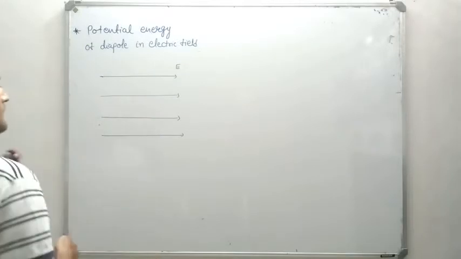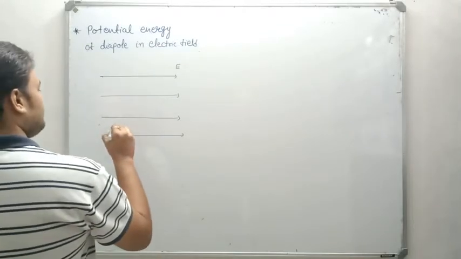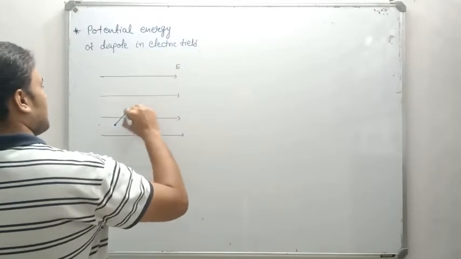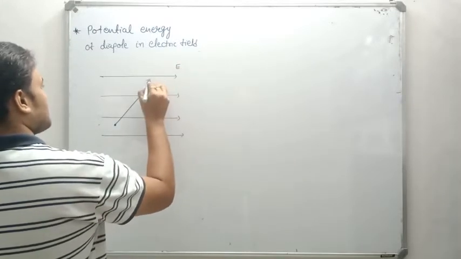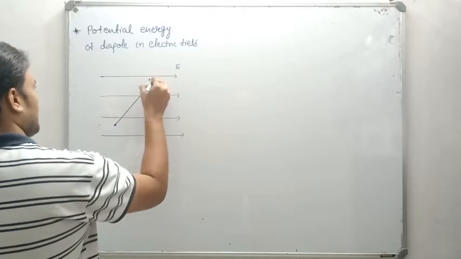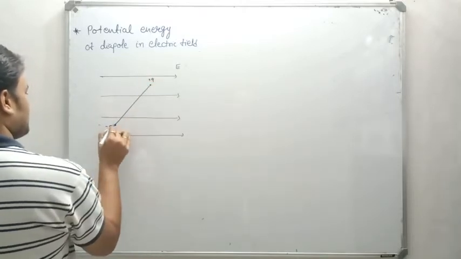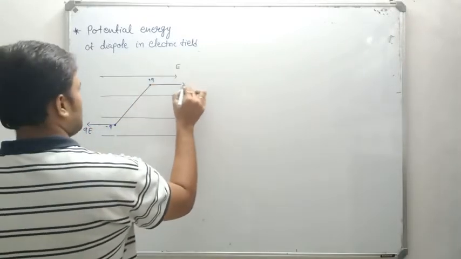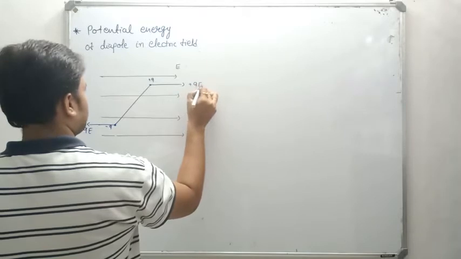Here the dipole is making an angle theta with the electric field. Here the minus q and here the plus q. The force here is minus qE and here the force is plus qE.